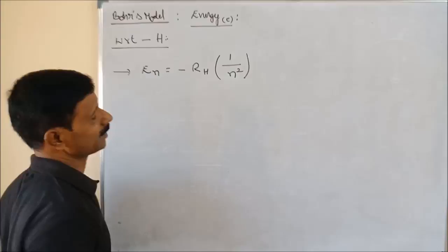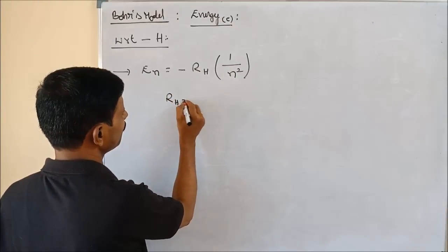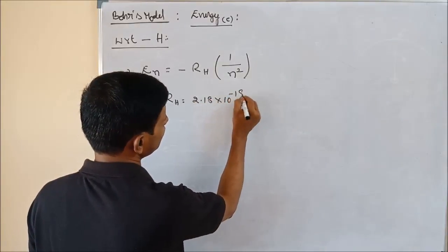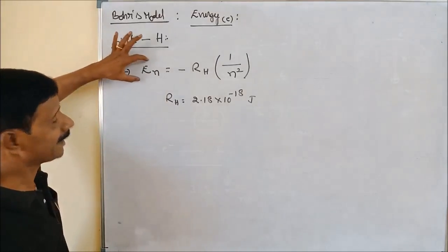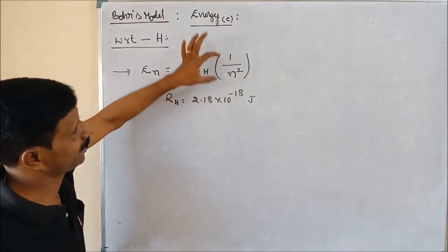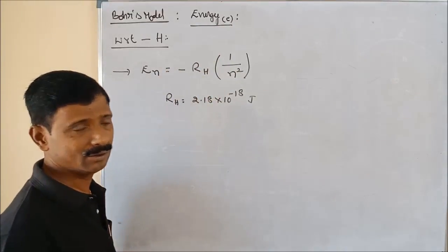This is what we call the Rydberg constant, and here RH is equal to 2.18 into 10 power minus 18 joules. So the energy of the electron is nothing but minus 2.18 into 10 power minus 18 into 1 by n square. Then we can substitute the value of n.